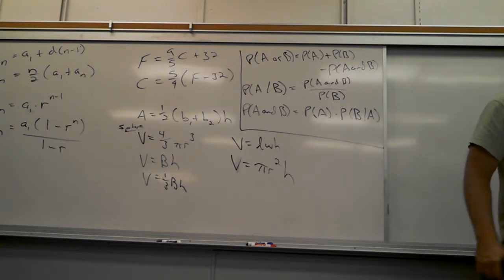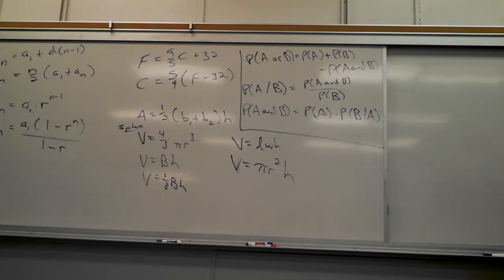Can we also put the truth table formulas on here too? There's no formulas for the truth tables. You have to know them. It's not a formula, it's an idea. When is and true? When's the only time and is true? There was that one sheet you gave us in the beginning that showed all of the truth tables.